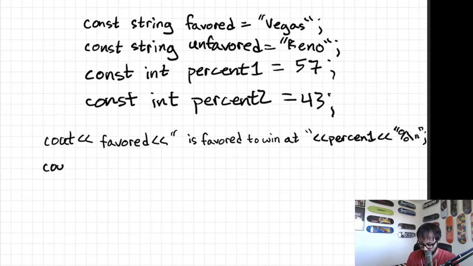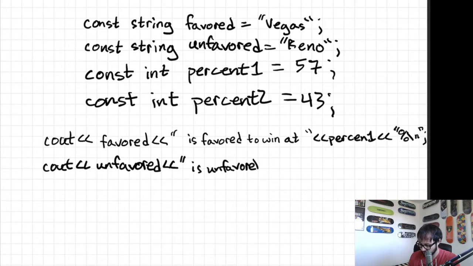Cout unfavored is unfavored to win at percent 2%, new line.